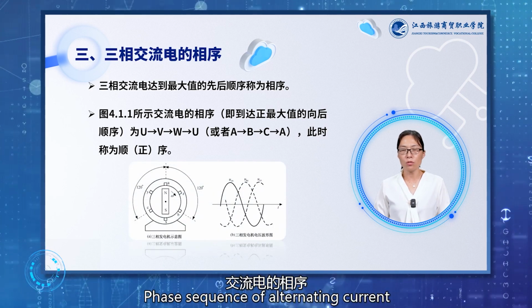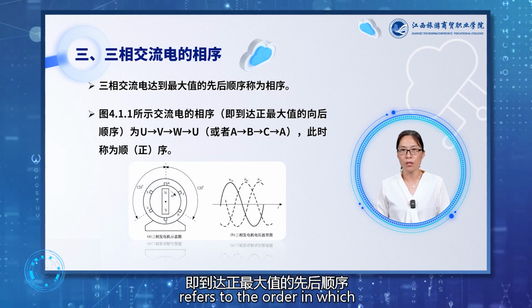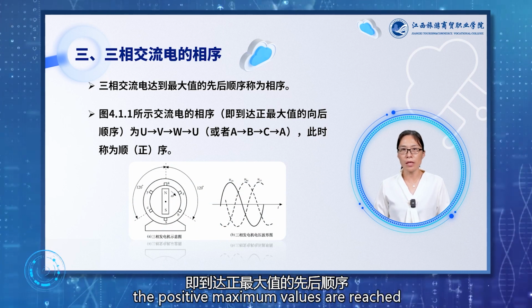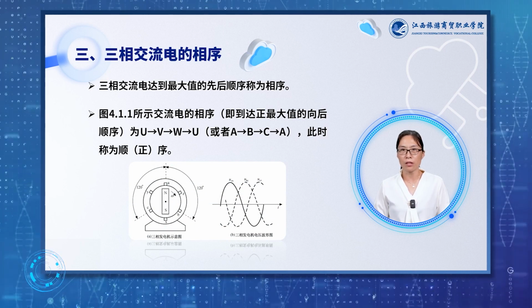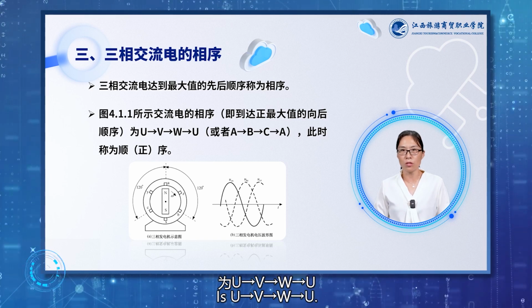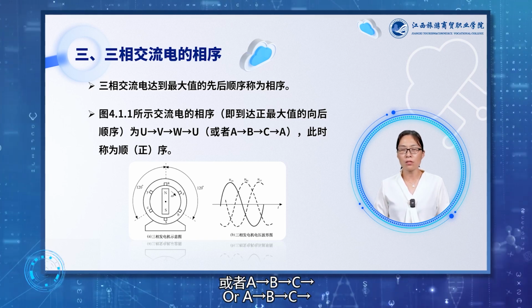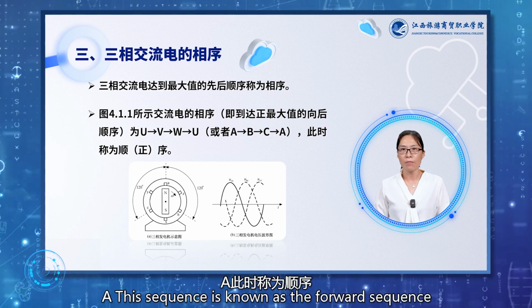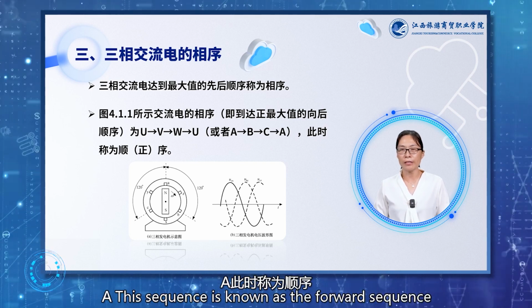Phase sequence refers to the order in which the positive maximum values are reached as U to V to W to U, or A to B to C to A. This sequence is known as the forward sequence.